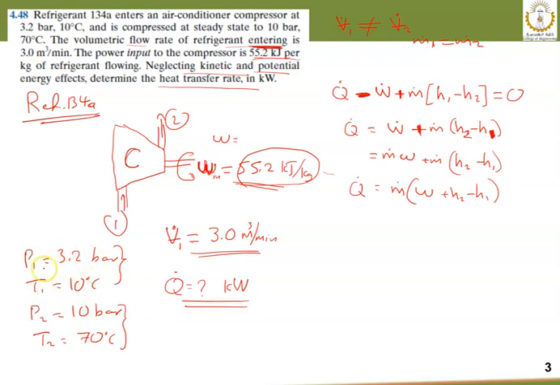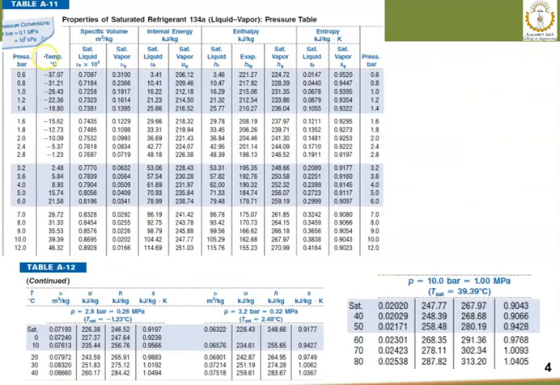So we go to the table. The pressure is 3.2 bar and temperature is 10. So if we go to the saturated liquid vapor mixture table for refrigerant 134A, you need to be careful to use the right table.